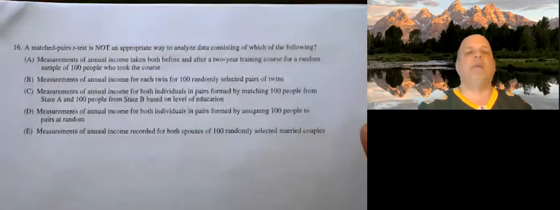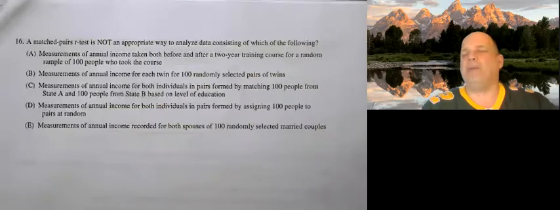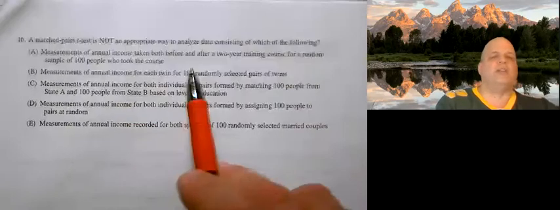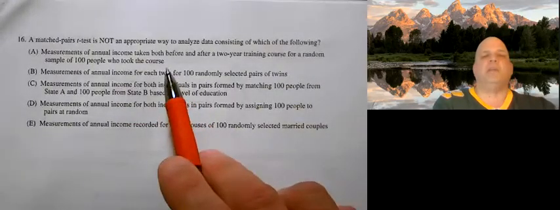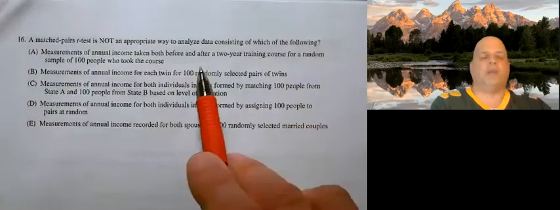Number 16. A matched pairs t-test is not an appropriate way to analyze data consisting of which of the following? Well, if it's going to be a paired t-test, they need to be natural pairs, or they need to be paired together in some way. All right, so let's look at these. Measurement of annual income taken before and after a 2-year training course for a random sample.